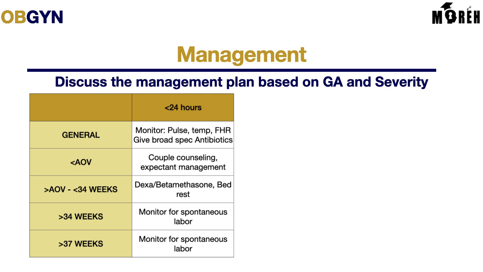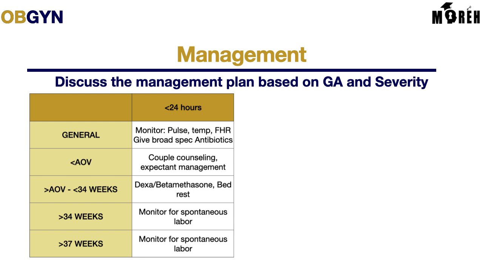In this case, it increases the chances of survival. It reduces the chances of neonatal sepsis because of the antibiotics. It reduces the chances of asphyxia, because the lungs are forced to mature because you're giving either dexamethasone or betamethasone. And we want to make sure that the patient is resting, so bed rest.